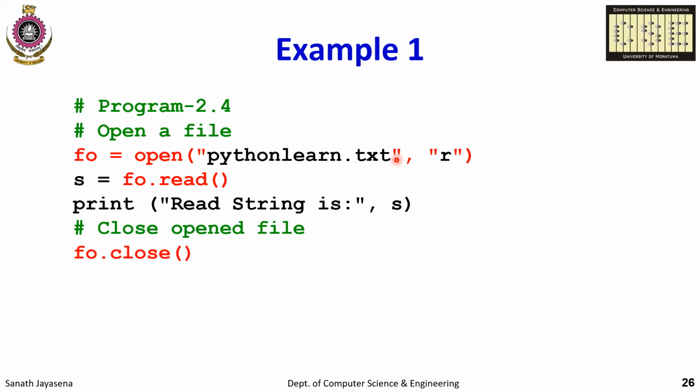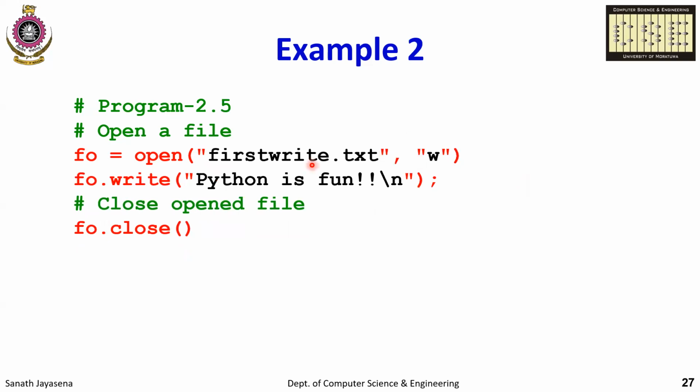So the program will terminate after displaying some error message if a file cannot be found. Because in order to read from a file, that file must exist. Whereas in the case of writing, if there is no such file, no harm, you simply create it because you are opening the file for writing.